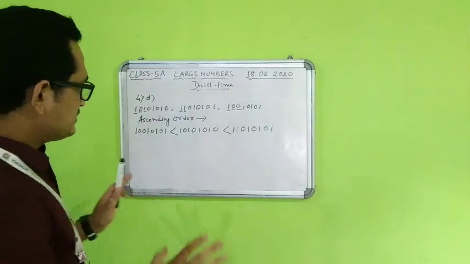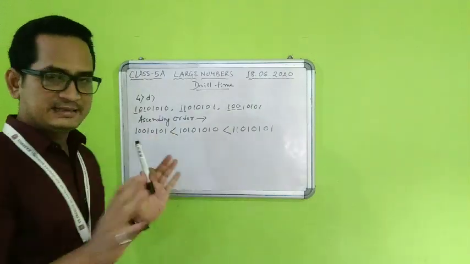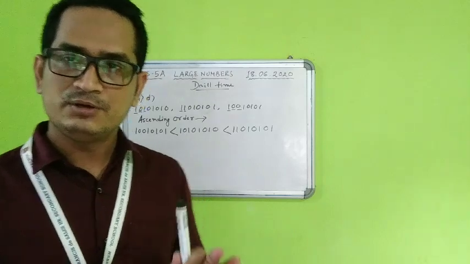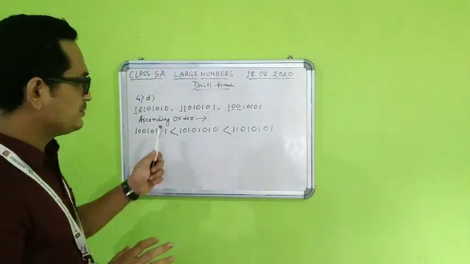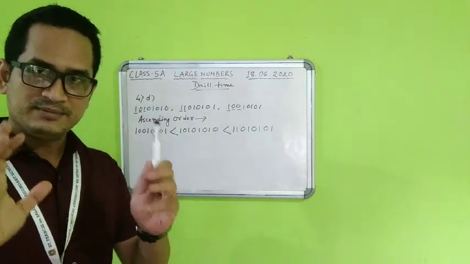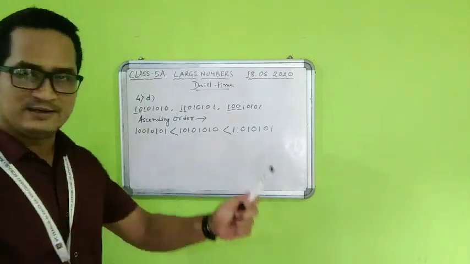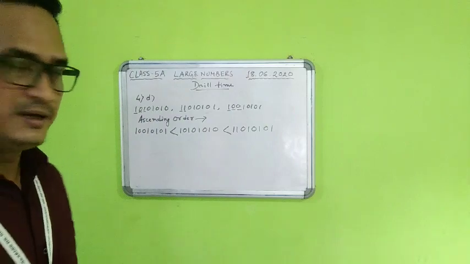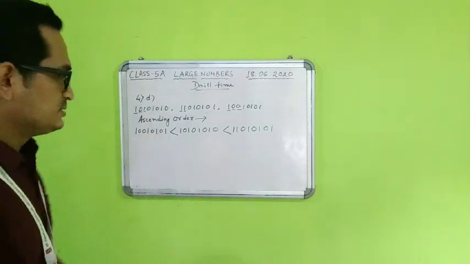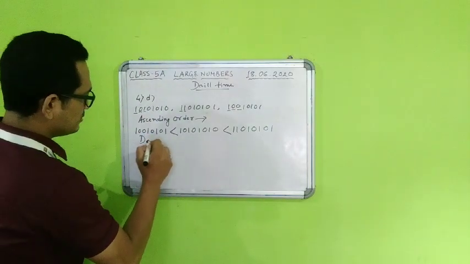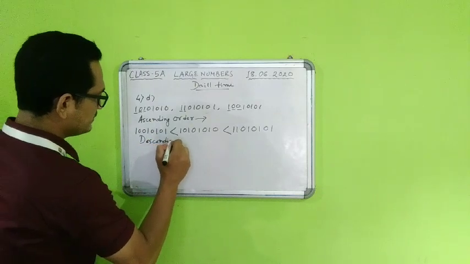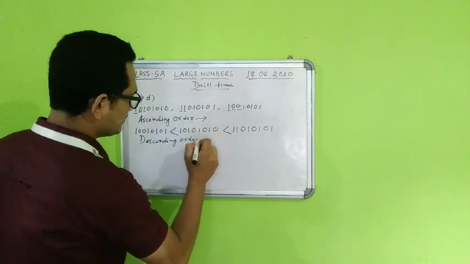So students, after all, when we are arranging them in ascending order, you need to do only one thing. Please go ahead with the number of digits first. If the number of digits are the same, then go ahead by the place values, that is, from the extreme left places you have to see. Fine. So now we need to write down the descending order. To write the descending order, you just have to reverse the order.